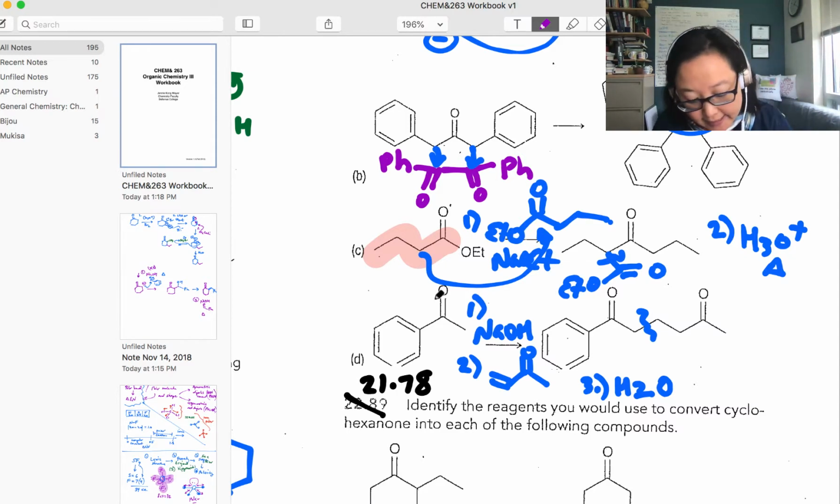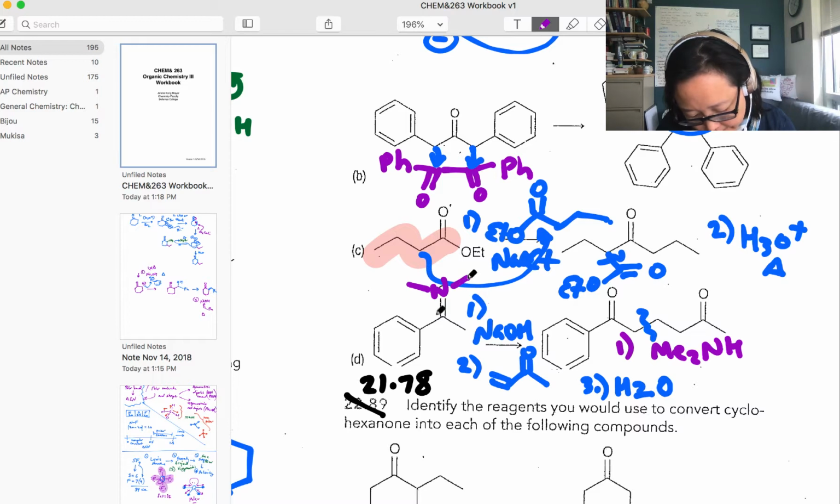So we add a secondary amine. So step 1, maybe an alternate method would be step 1, dimethylamine. And what that does is that makes this into an enamine, like this. Oops, other way. Too many bonds on that side, right? There's the enamine.